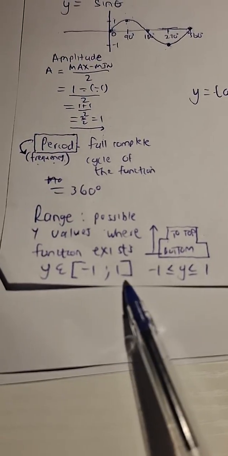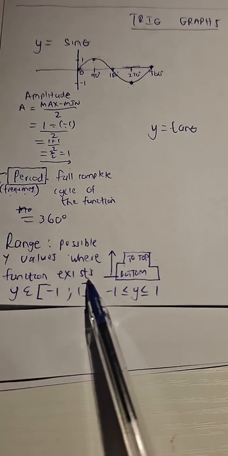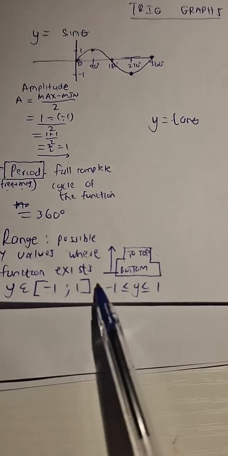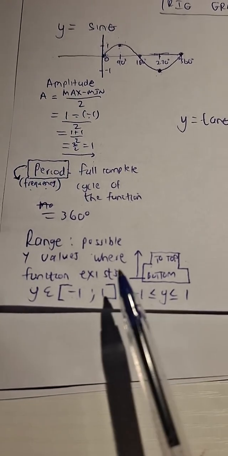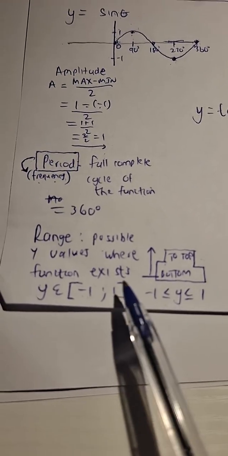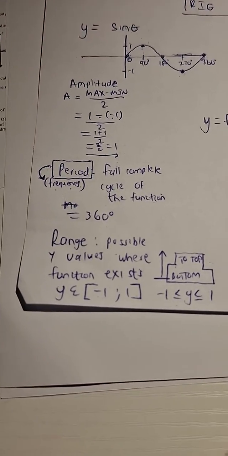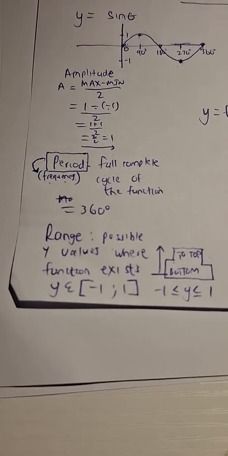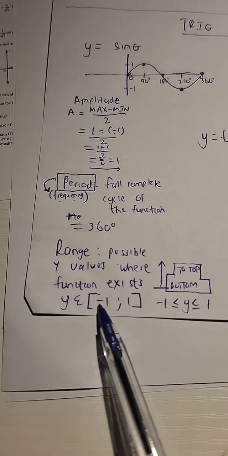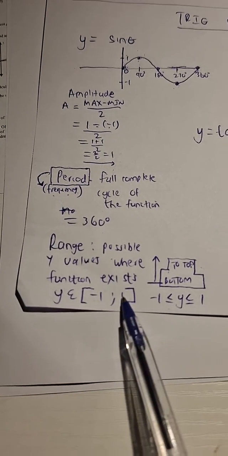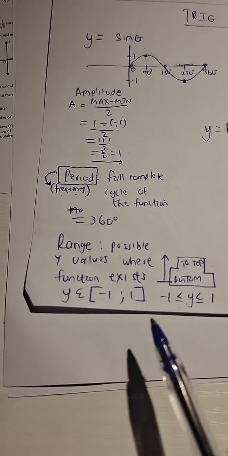So that is why we say y is an element of square brackets -1 to 1 square brackets, not open, because open brackets indicates that the function is not included at that end point. And obviously we can't use open brackets. Okay? Include -1, touches -1, the function. Include +1 square brackets, touches 1 for the function.